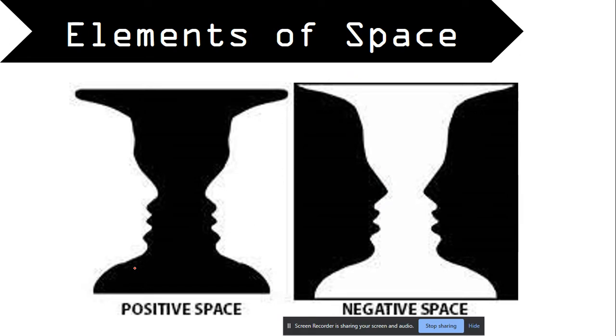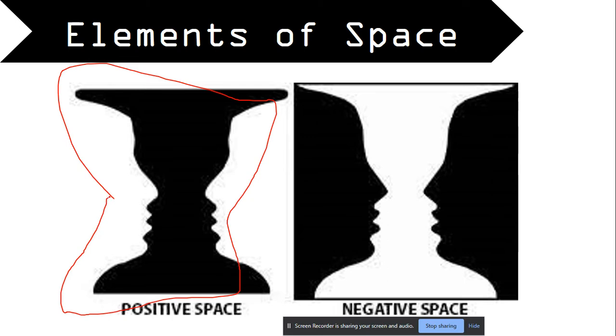And we have this one, the positive. This one, elements of space. So this is very familiar to us. You often see this many times, just like this positive space and the negative space. You can observe that in positive space, the way we see it is just something like a couplet.